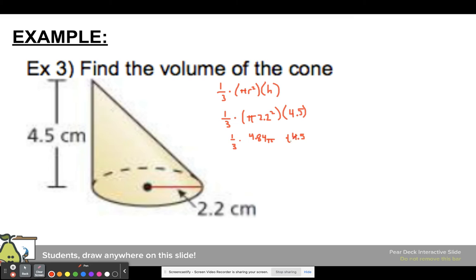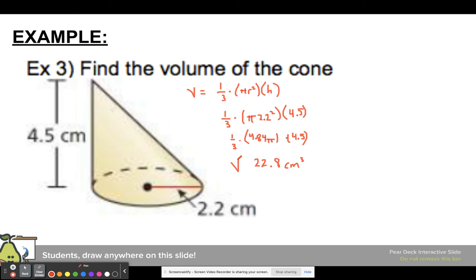Actually, I'll put that in parentheses. Okay, and then when you multiply all of these things together, you end up with approximately 22.8 centimeters cubed, because again, we're referring to the volume.